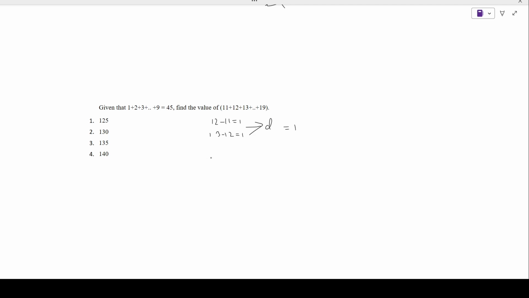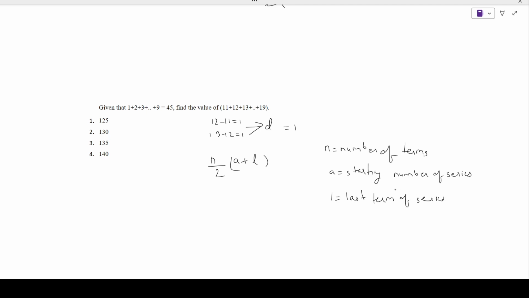So the sum of n terms of such a series is n by 2 into a plus l, where n is the number of terms, a is the starting number of the series, or you can say the first term, and l is the last term of the series.